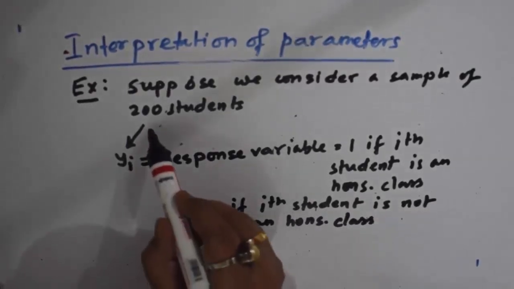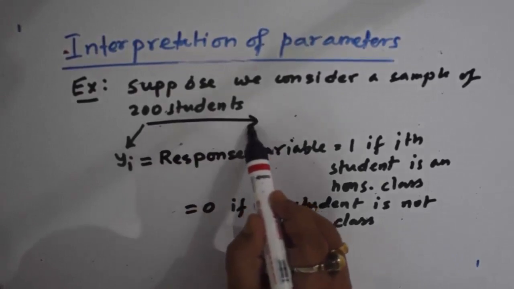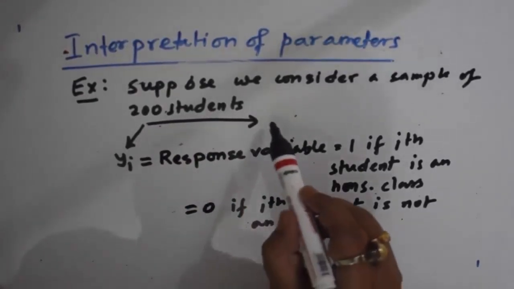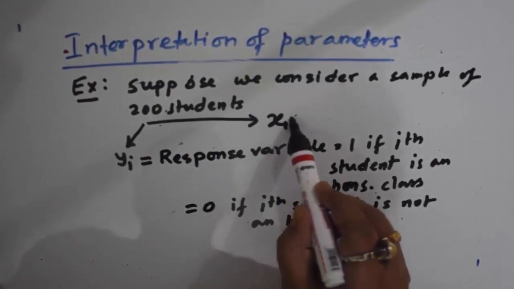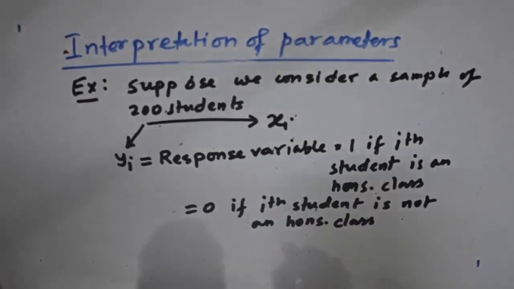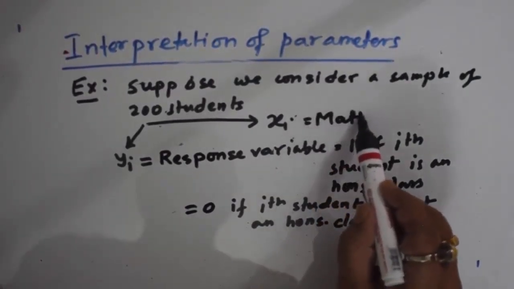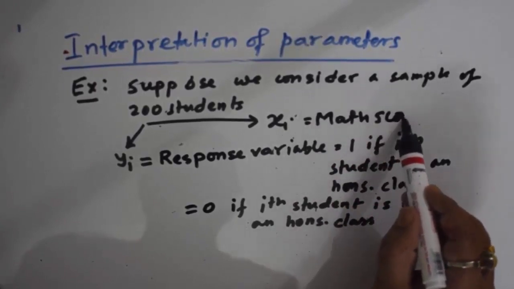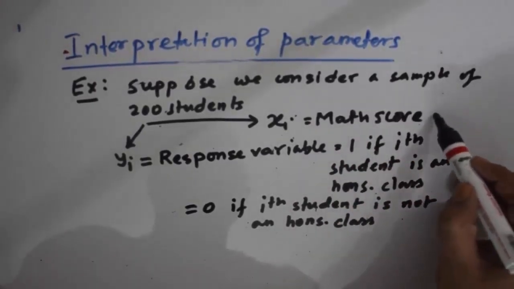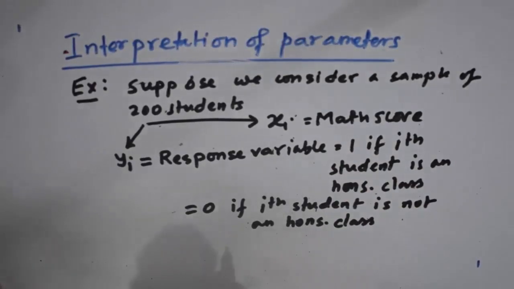And another part is xi, that is the explanatory variable, the math score of the ith student. So first we take a sample of 200 students, and from each student we take two observations.